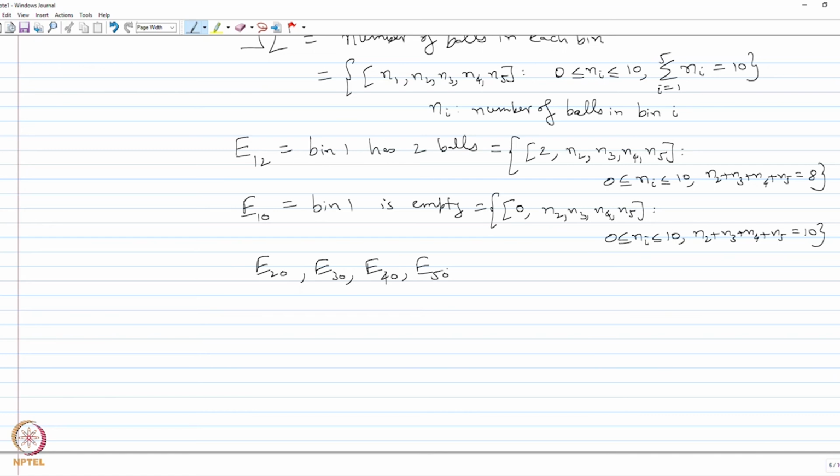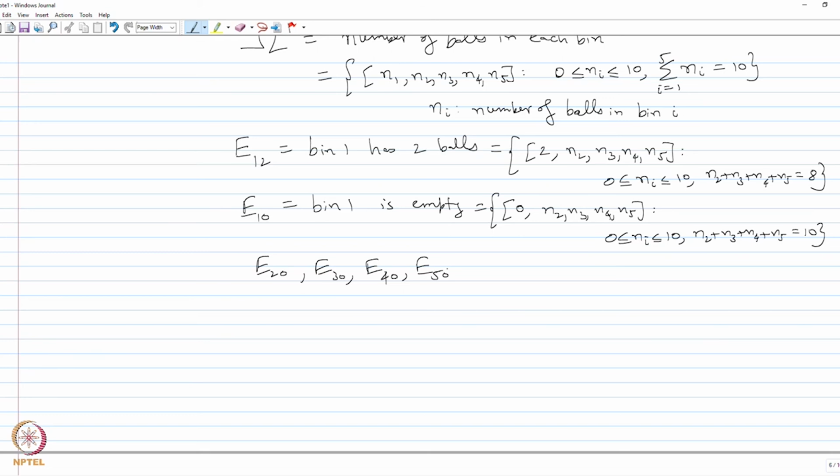And then, even though you don't know much about these events, I mean, if you start listing it out, it's quite big. There is some sort of a symmetry going on here. So for instance, if you think about it very carefully, the number of entries in E10 and the number of entries in E20 will be the same, right? The number of outcomes that make bin 1 empty, the number of outcomes that make bin 2 empty are the same, right?